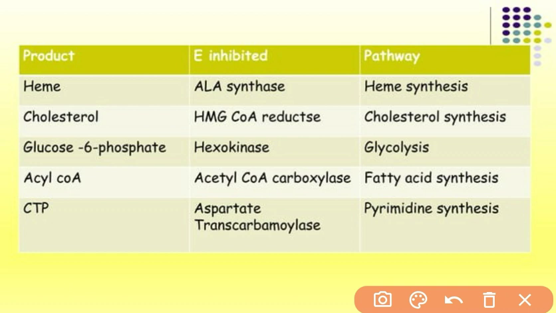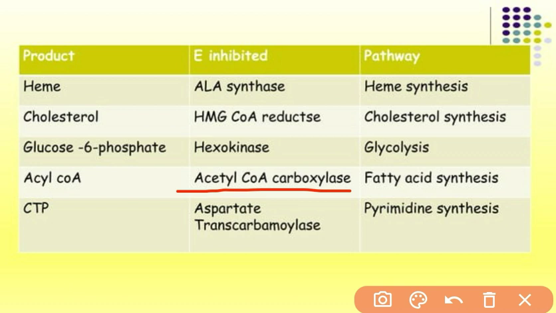Then acyl coenzyme A gives negative feedback inhibition of the enzyme acetyl coenzyme A carboxylase, that is ACC, which is necessary for fatty acid synthesis. Then the enzyme aspartate transcarbamylase, also known as aspartate transcarbamoyltransferase or ATCase, catalyzes the first step in the pyrimidine biosynthetic pathway.